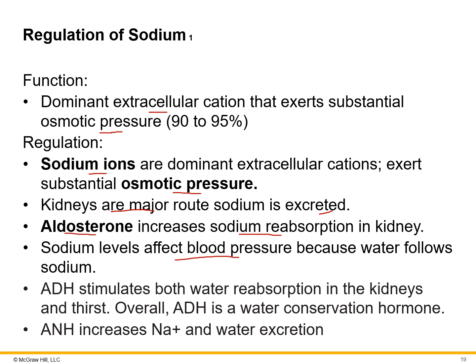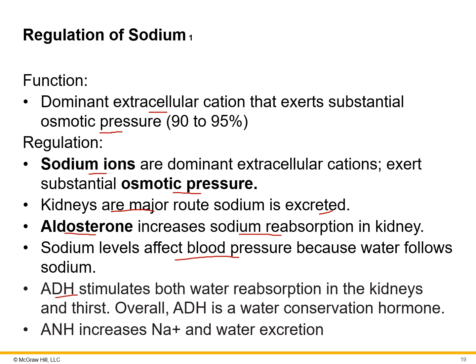And so if sodium is being excreted in the kidneys, water is coming out, and that's going to decrease the blood volume. If sodium is being reabsorbed from the kidneys, water is going back into the blood and increasing the blood volume. So again, water goes with sodium. So controlling sodium controls the water movement.